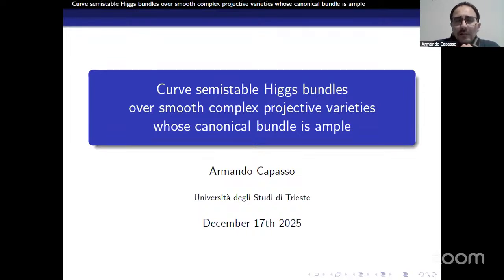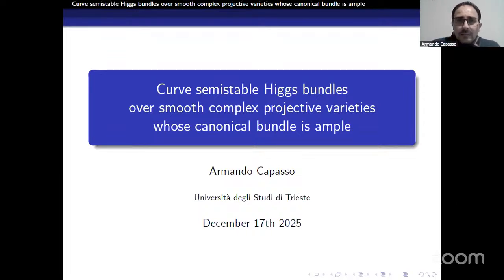Part 1, where I will introduce so-called positivity conditions for Higgs bundles, and I will explain some details. And in the last part of this talk, I will apply this positivity condition to the study of the geometry of smooth complex projective varieties whose canonical bundle is ample.